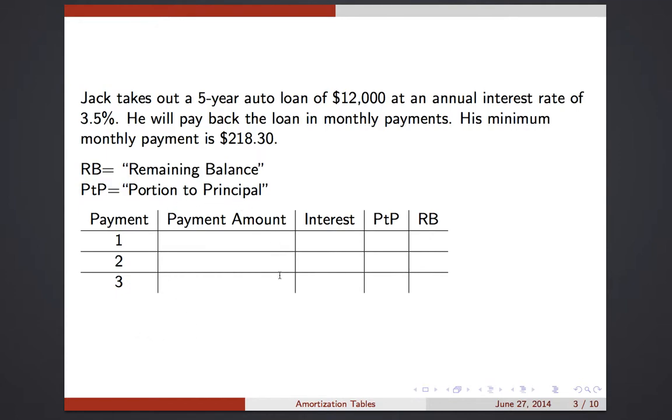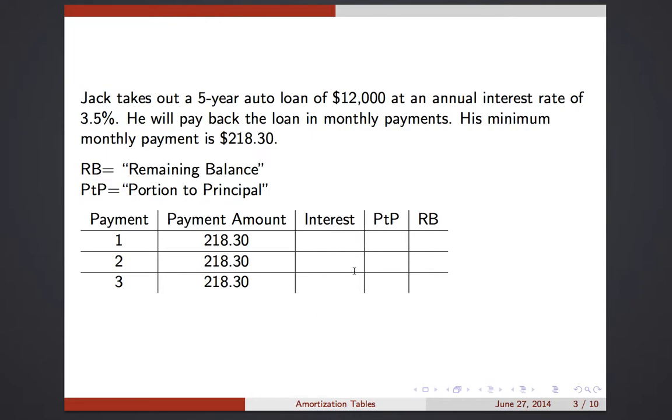Payment amount simply means how much he's paying on the loan. If he's going to pay $218.30 every month, and let's just assume that for now, then that's the number that goes in here. This is literally the amount that he writes on a check when he goes to pay at the bank every month.